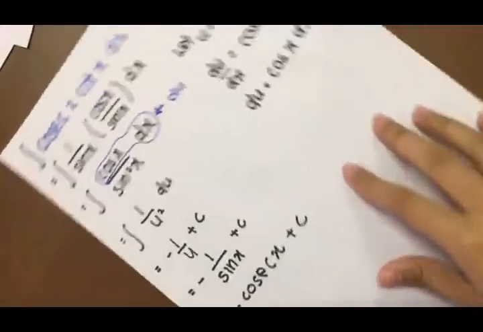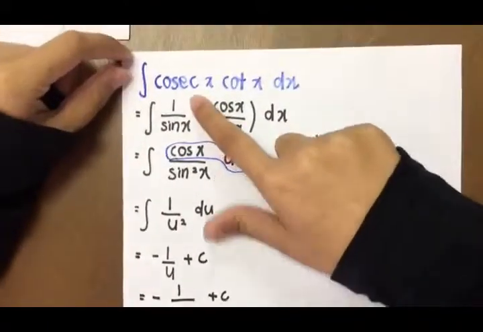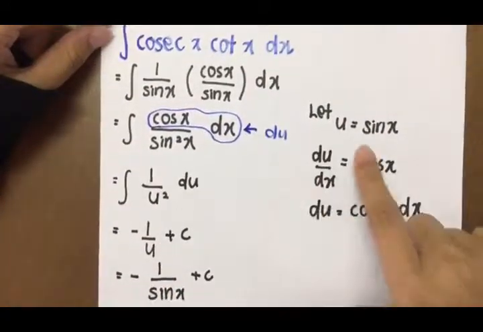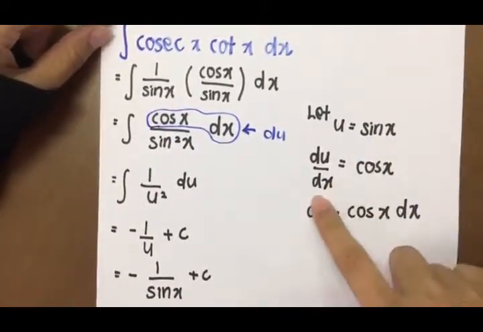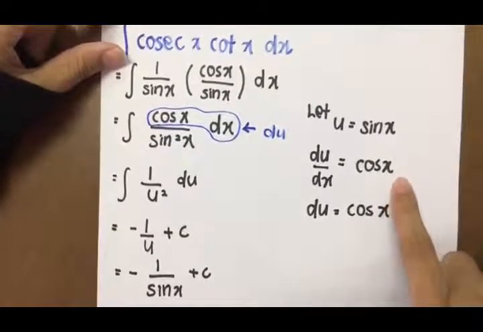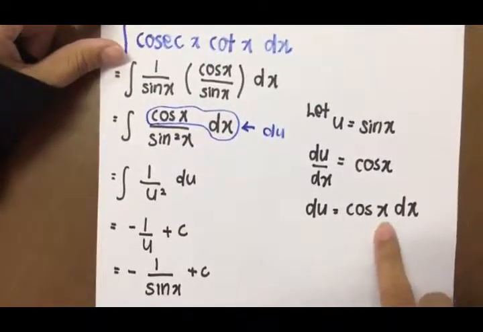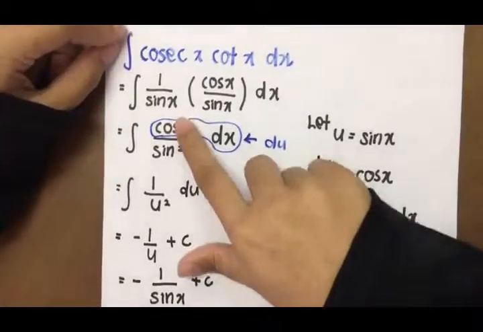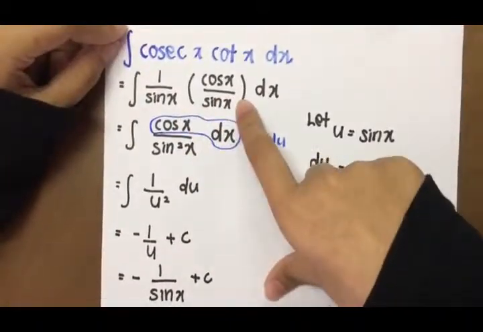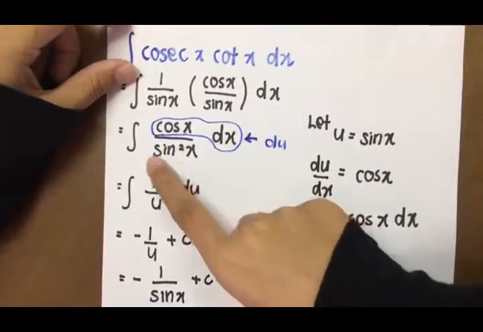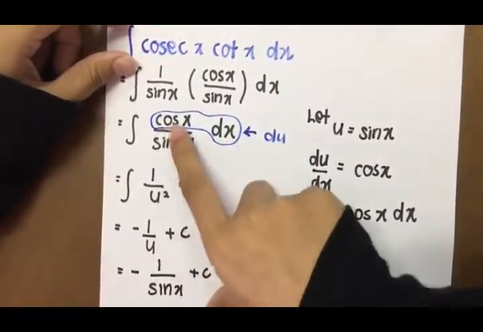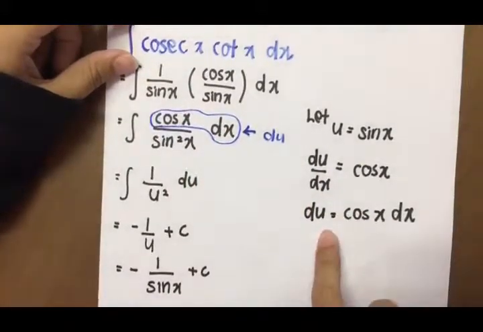We move to the next example, which is integration of cosecant x cotangent x dx. So we let u equal sine x, du over dx is equal to cos x and du is equal to cos x dx. So from here we get the integral of 1 over sine x times cos x over sine x dx, which is cos x over sine square x dx, where cos x dx is equal to du.